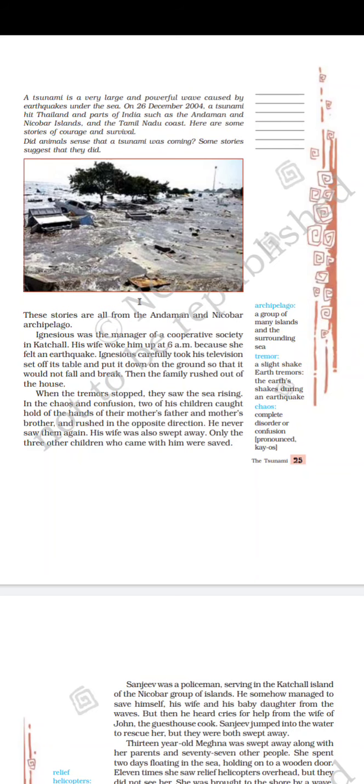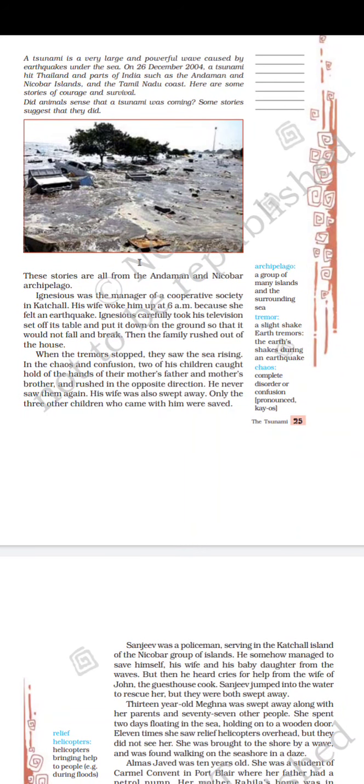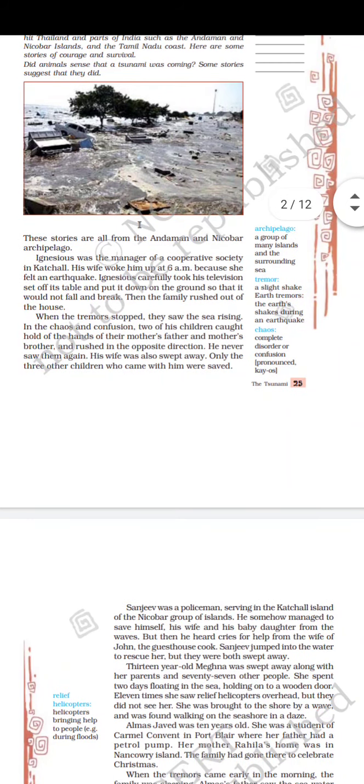So Andaman and Nicobar Islands and Tamil Nadu coast, here are some stories of courage and survival. Courage means that you have that boldness, that courage, and survival. How do you survive in these situations? Did animals sense that a tsunami was coming? I mean, sometimes animals can understand that a tsunami is coming.